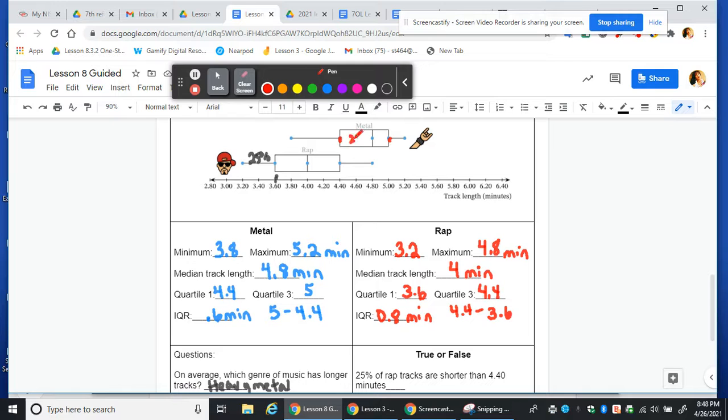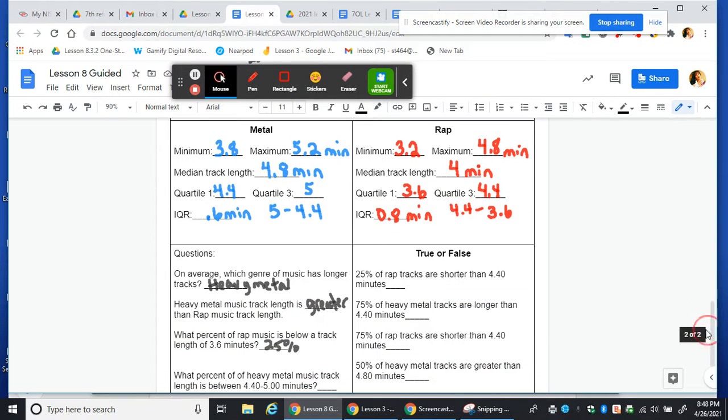Inside my box, I have 50% because each section is represented by 25%. So 50% of the music is a song with a length of 4.4 to 5 minutes.